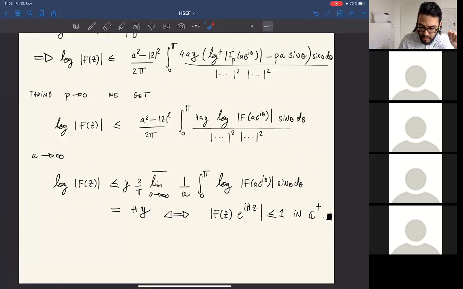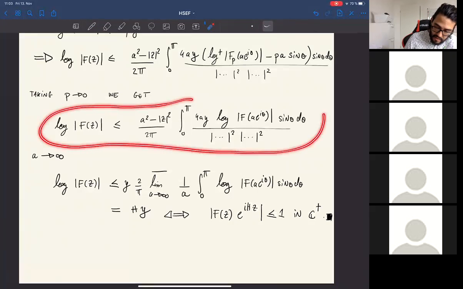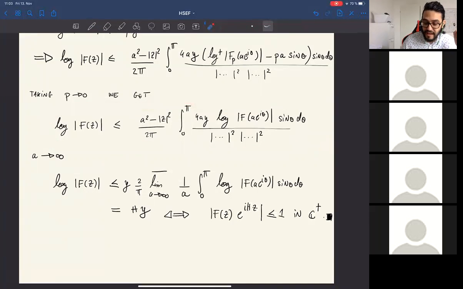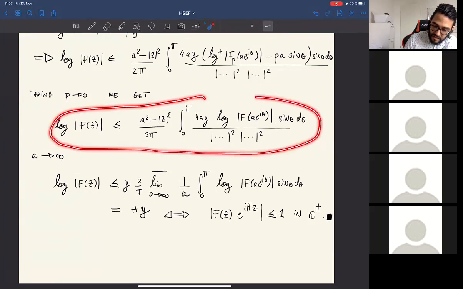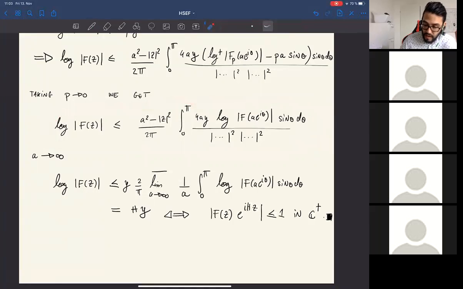Great, so where does the epsilon argument go? Well, everything would work up to this point. You could have, instead of f, f of z plus i epsilon. And then at this point, you could take epsilon to 0 and use Fatou's lemma to obtain the same inequality.